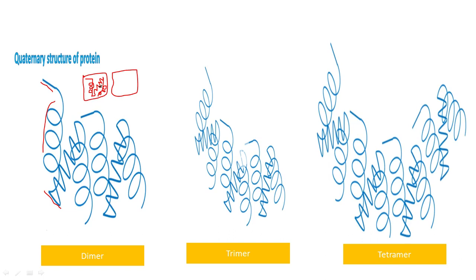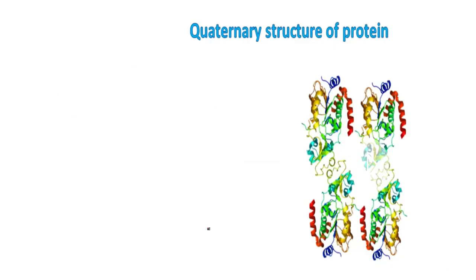If there are two monomers, this will be called a dimer. If there are three monomers, this will be called a trimer. If there are four, these will be called tetramers. So this is the representative figure for the quaternary structure of the protein. You can see the four monomers that are involved: first, second, third, fourth. These four monomers are involved in making a complex structure of the protein.